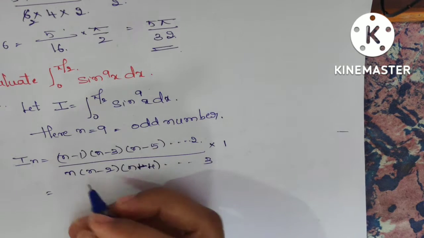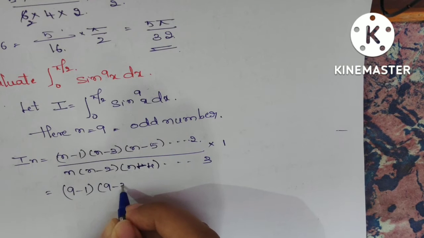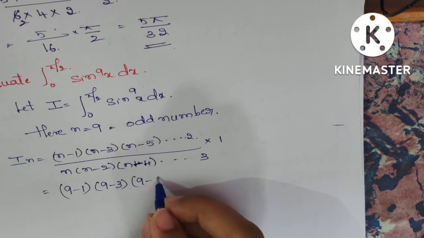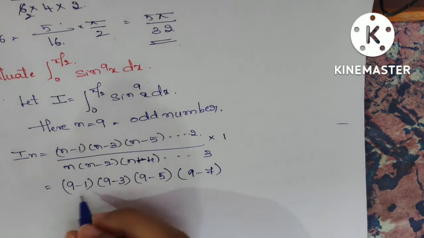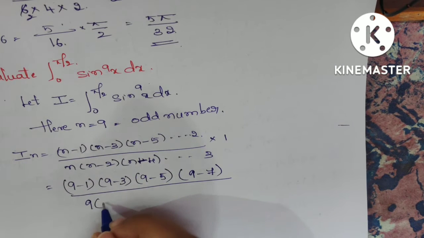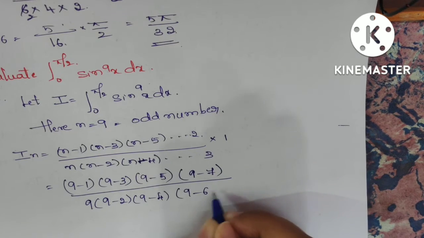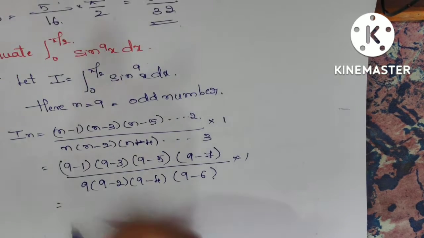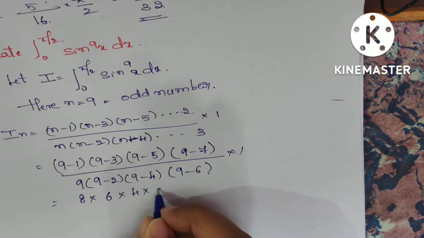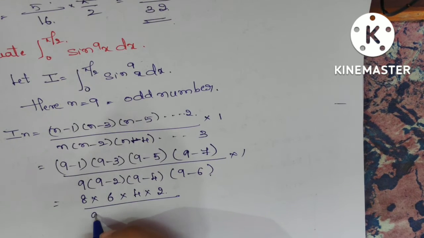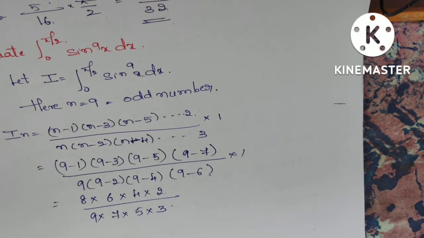So take n is 9: 9 minus 1, 9 minus 3, 9 minus 5, 9 minus 7 divided by 9 into 9 minus 2, 9 minus 4, 9 minus 6 into 1. 9 minus 1, 8 into 6 into 4 into 2 divided by 9 into 7 into 5 into 3.